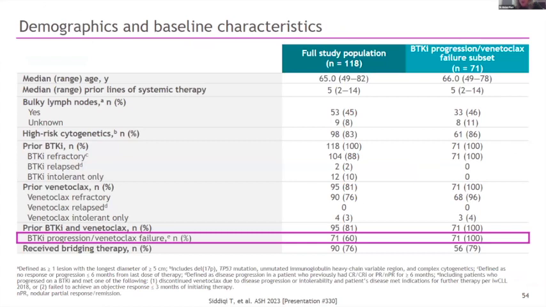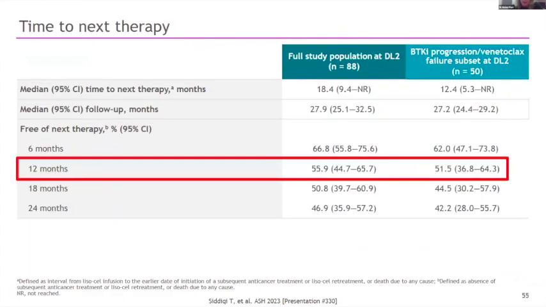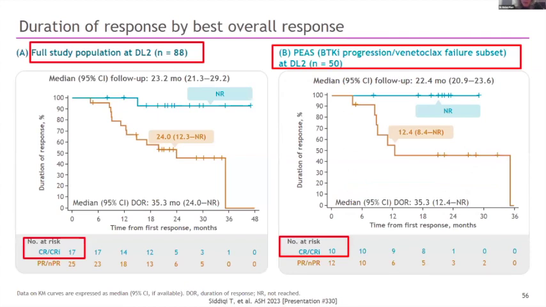So these double refractory subset of patients, 70 patients in the right-hand column. I just picked out here this 12-month follow-up: in the full study population at 12 months, we've got a 55% progression-free survival. We've basically reached the median progression-free survival at 12 months in the patients who've been double refractory to both BTK inhibitors and venetoclax previously.